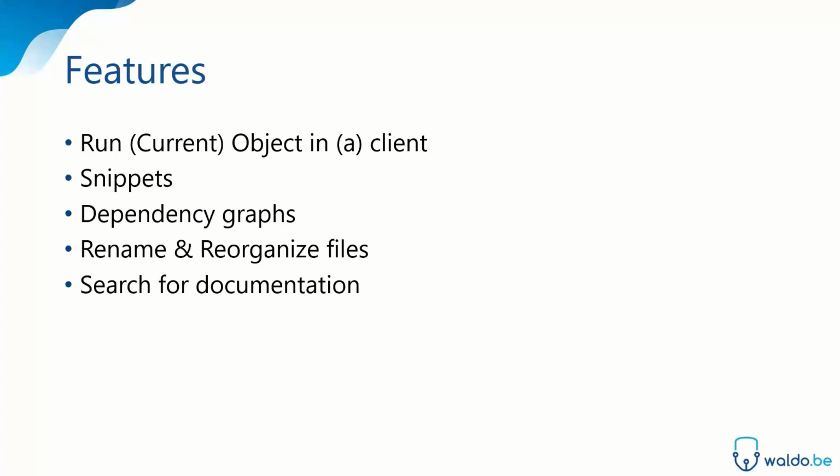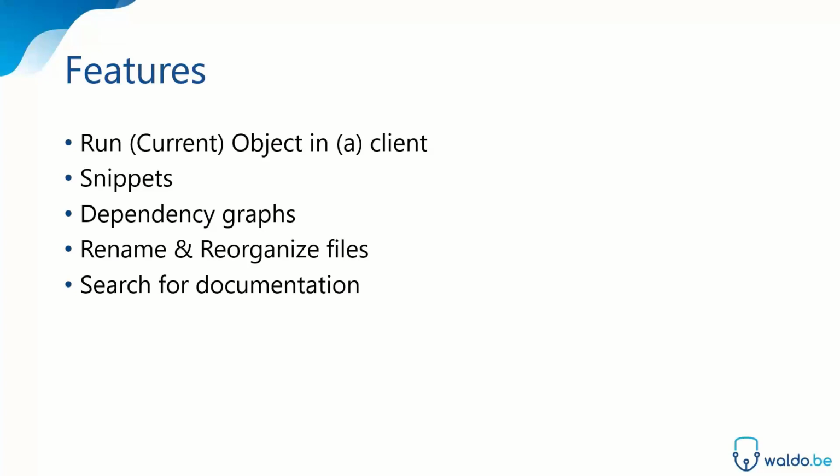What features does it have? At the time, I started with just running an object. It still runs objects, so that's a good thing. But it does a little bit more than that. I added quite some snippets, some functionality on dependency graphs, just because I really needed that. And I do think there is some need in that in the community as well.